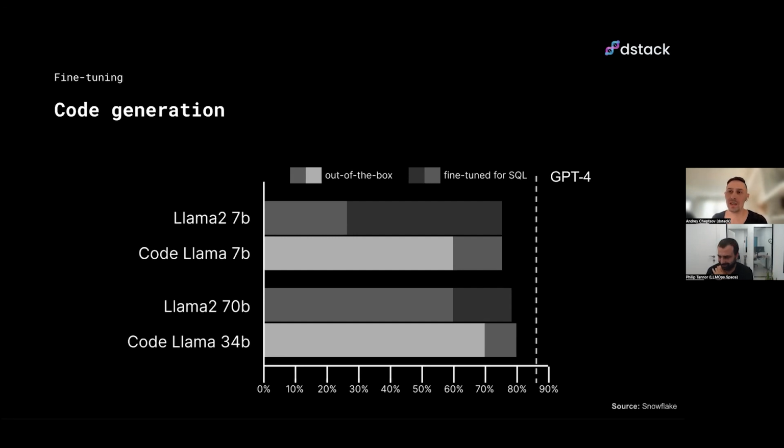Here's a summary of one study made by Snowflake about fine-tuning open source LLMs, in particular Llama and CodeLlama, specializing them for generation of SQL code. What this data shows is that even if you fine-tune a very small model, like 7 billion, through fine-tuning you can come super close to GPT-4 in terms of accuracy, which is very impressive and very promising.